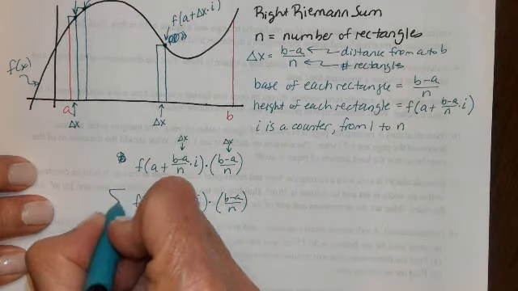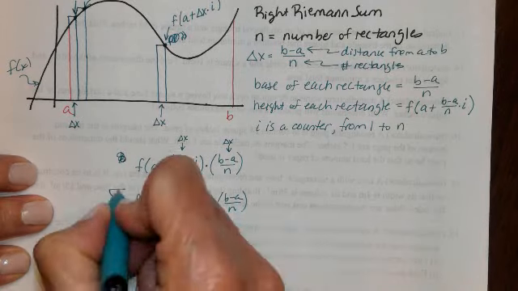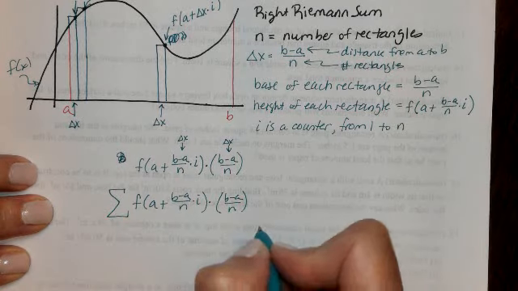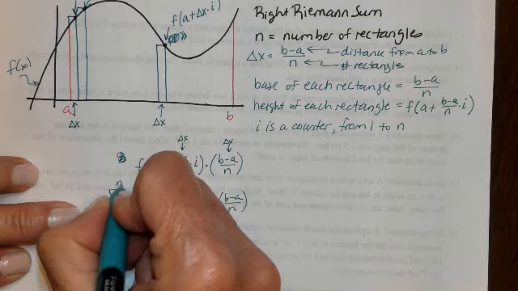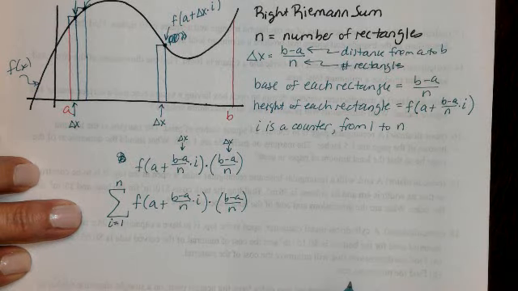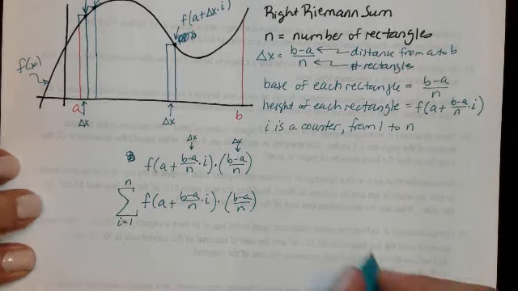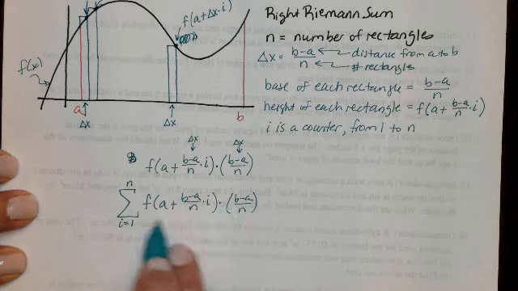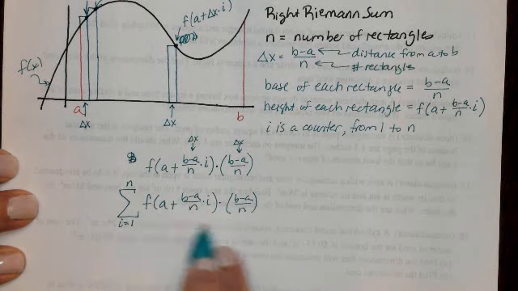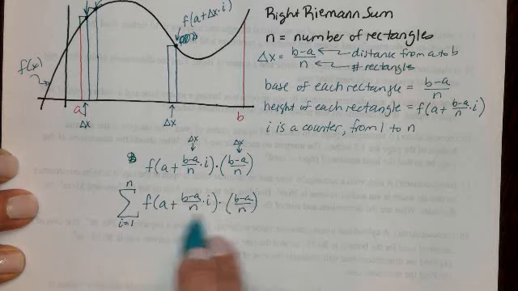So we're going to add them all up. We're going to add up all the rectangles. So here's our counter. i is going from 1 to n. That's how many rectangles that we have. Okay? And this will give us our Riemann sum. This is our Riemann sum, our right Riemann sum.